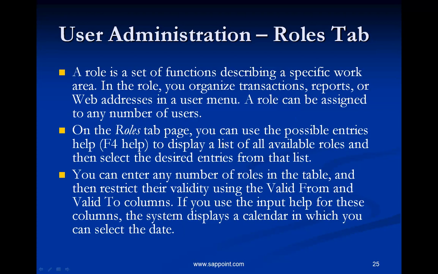On the Roles tab, you can use the possible entries help F4 key to display the list of available roles and then select the desired entries from that list. You can enter any number of roles in the table and then restrict their validity using the valid from and valid to columns. If you use the input help for these columns, the system displays the calendar from which you can select the date.